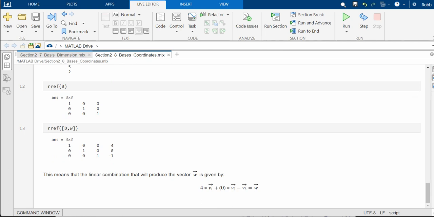Because of these coefficients, the correct linear combination that will produce the vector is 4 times the vector v sub 1, and then 0 times the vector v sub 2, minus the vector v sub 3, and that will be equal to W. Okay, well, let's check it and see that that's true.